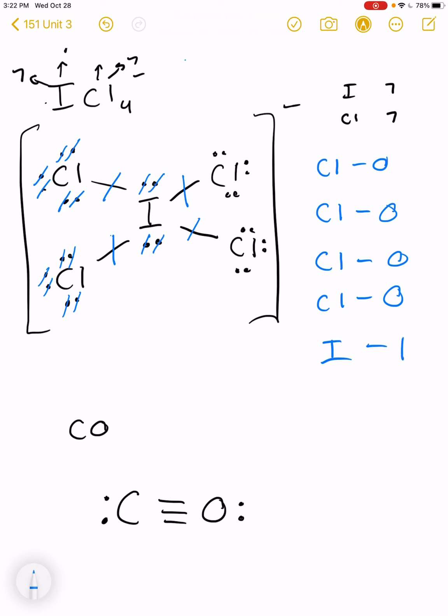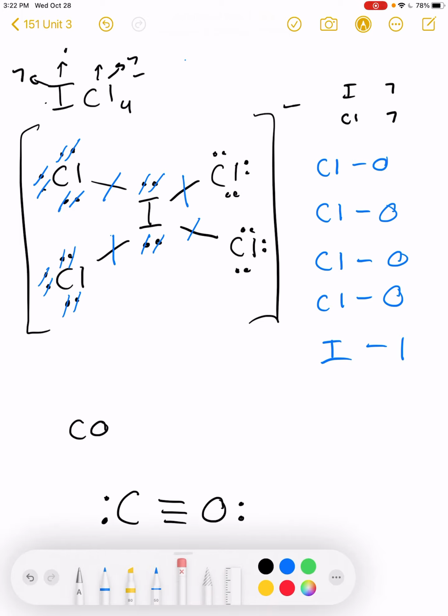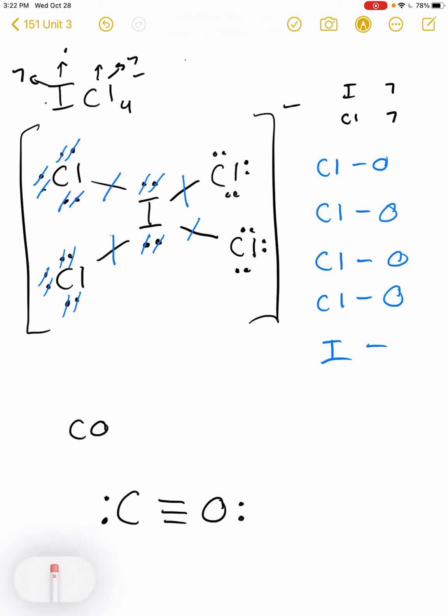Iodine will have a formal charge of negative 1. These aren't negative signs, so let me fix this here. There we go. So these will be 0. I'll put an arrow there instead of a dash so you don't think that's a negative sign. And the iodine will be negative 1. That's our formal charges on that molecule.